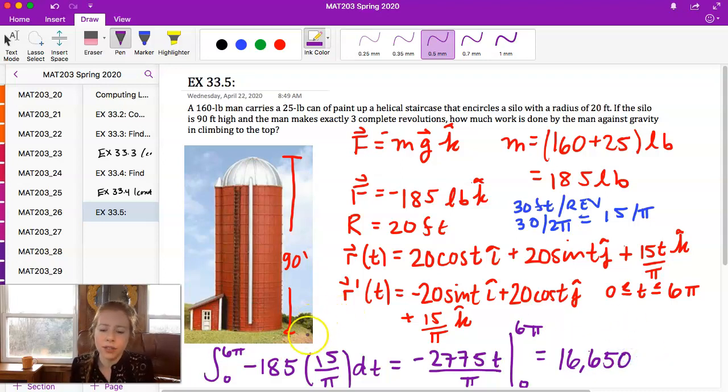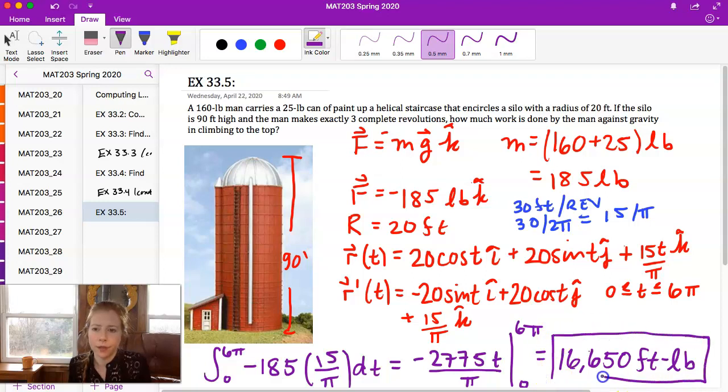And our units here were pounds and feet, so it's going to be foot-pounds, the amount of work it's going to take. Force times distance.